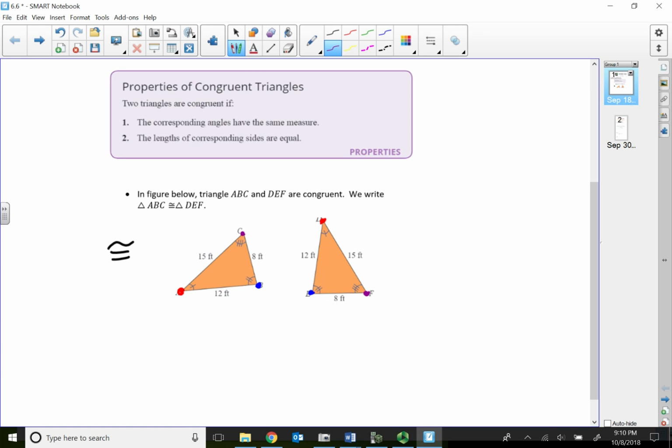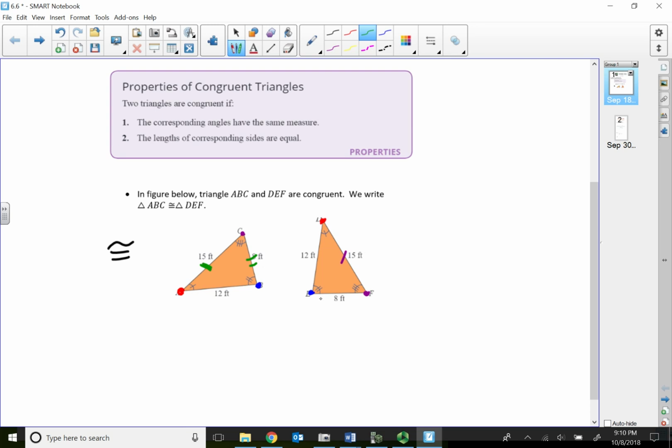Then the next thing we check is to make sure the corresponding sides are congruent. The reason I color coded them is so we can see that from red to purple is 15 feet, which is the same as from red to purple on the other triangle. From purple to blue is 8 feet.